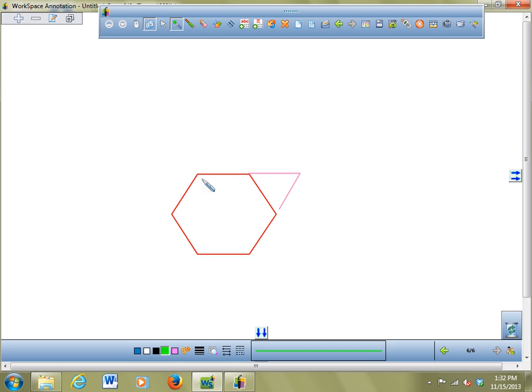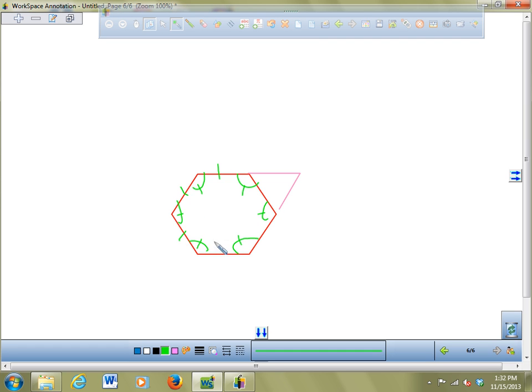What if I told you that this is a regular polygon? All of these are congruent, and these are congruent, and I want you to find this angle here. And you say, find x.